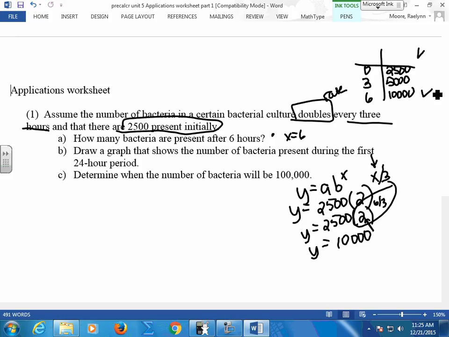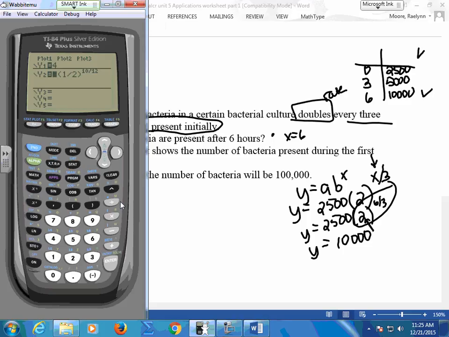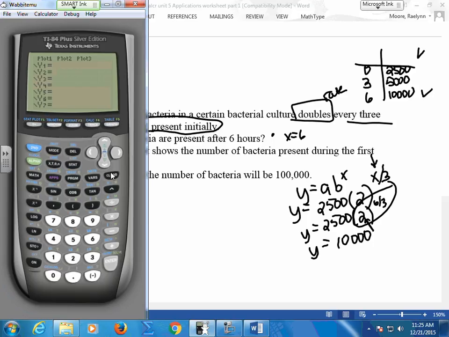Okay, we're going to draw a graph of your bacteria during the first 24 hours. So let's draw a graph. All right, so my graph says I started with 2,500. I'm going to double. I'm going to double x divided by 3 every 3 hours.